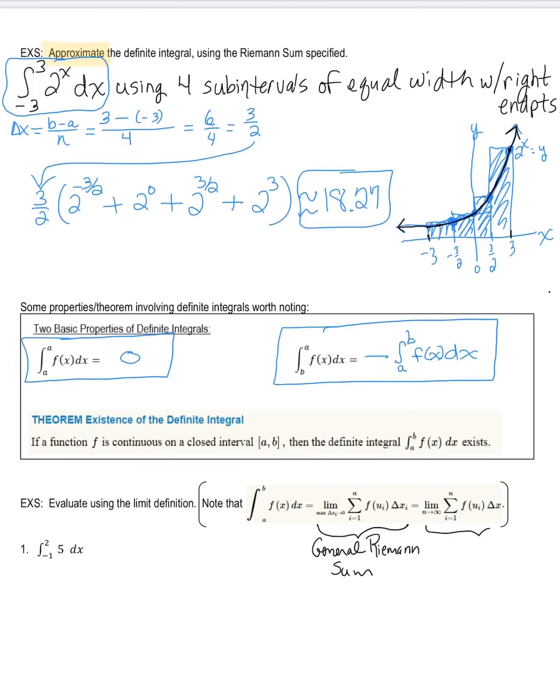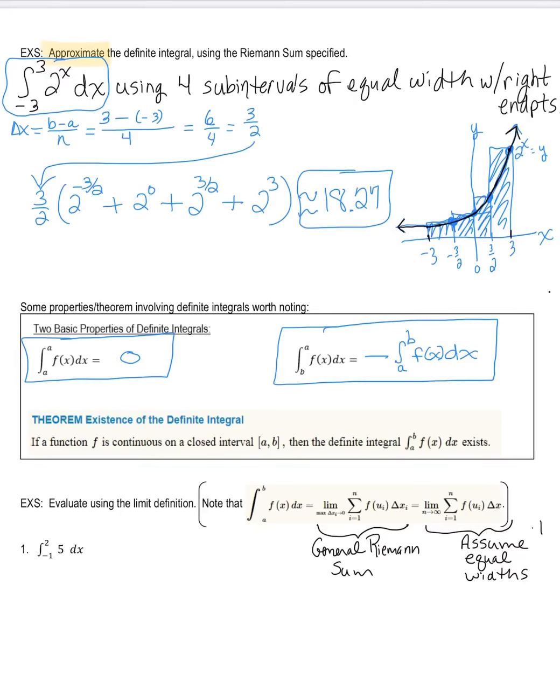But if given an option, we're naturally going to default to the case where we assume equal widths. So this is the equivalent form if we're assuming equal widths. Well, why wouldn't we?